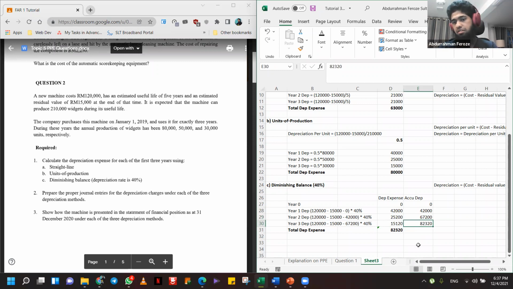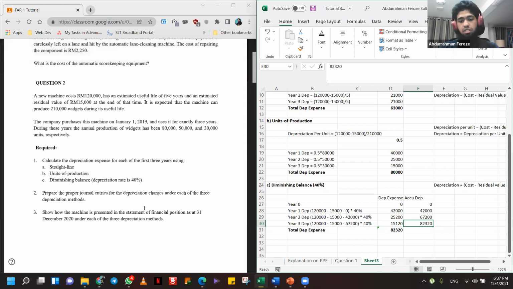That's how I got it. Is that clear? So that is question 2. This is very basic, but it illustrates how it works.